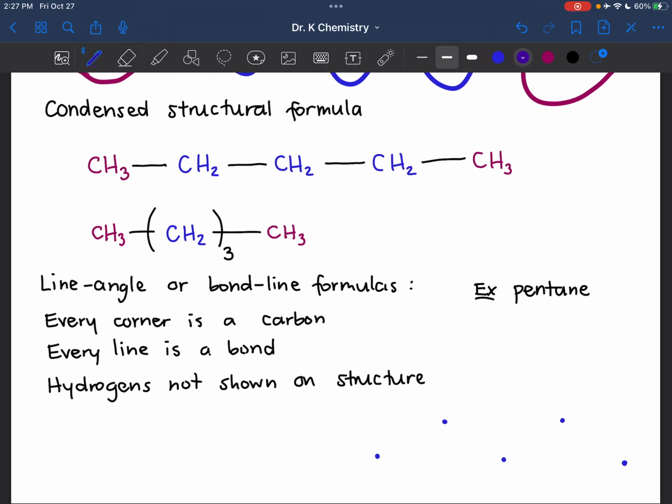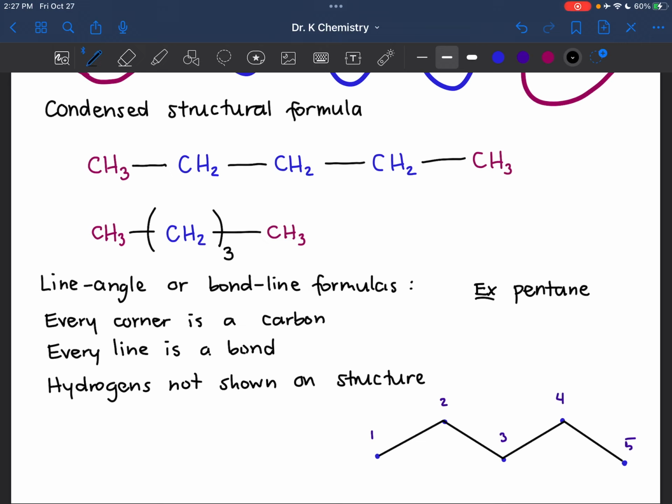And we can even number them in case we get confused. This will be carbon 1, 2, 3, 4, and 5. Then we're going to use lines to connect all of these. Ooh, okay, that's not a straight line. And that is it. We're not showing the hydrogens.